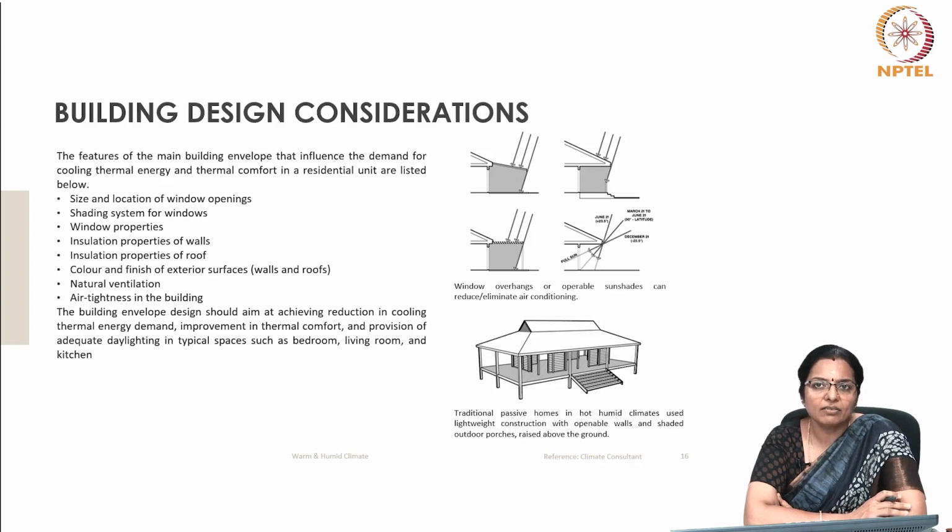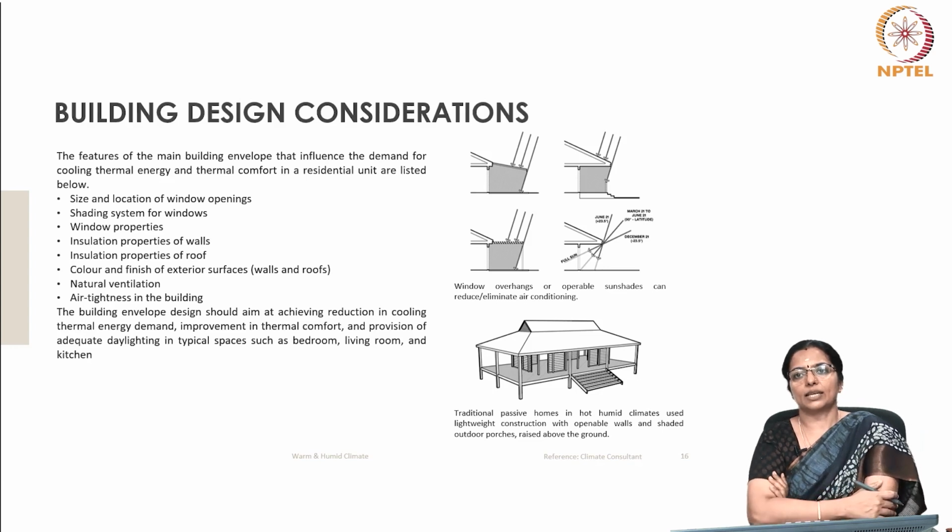A reflective upper surface, a double roof with roof ventilation, a ceiling with its upper surface highly reflective and heavy, these can provide good resistive insulation. The roof and ceiling should have low thermal capacity.